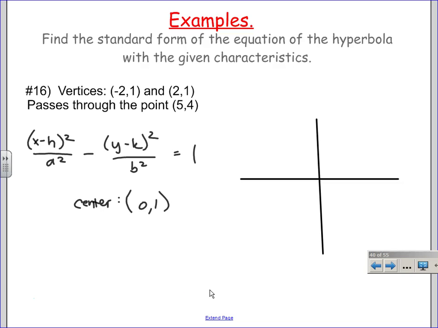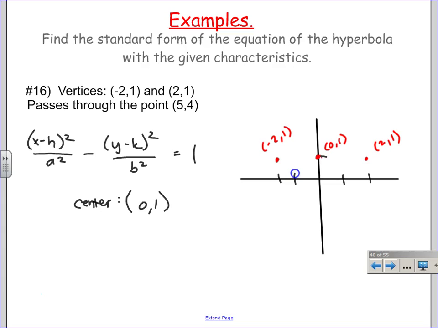How do I know this? If these points came out from a middle, what's the middle between negative 2 and 2?